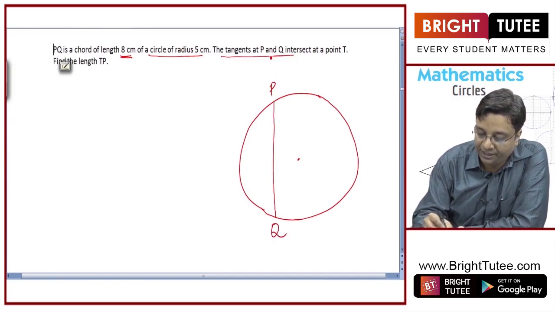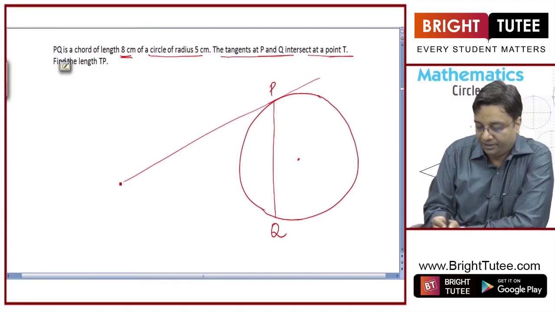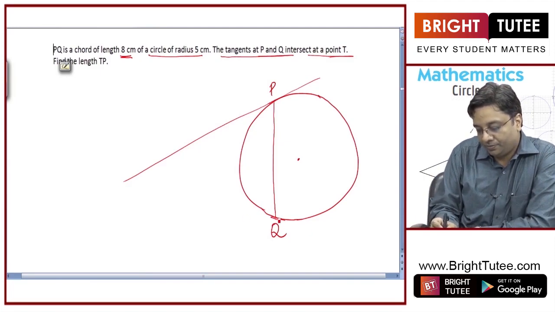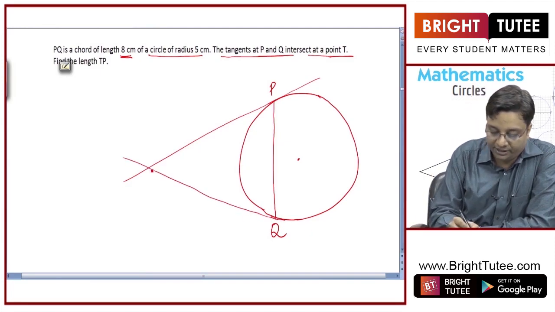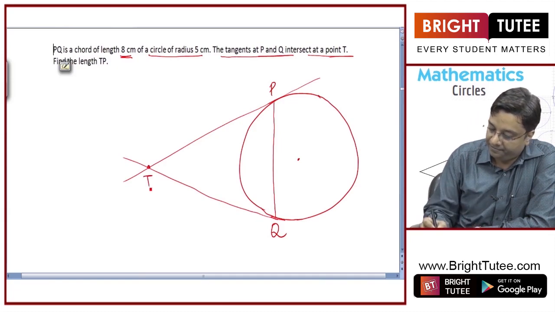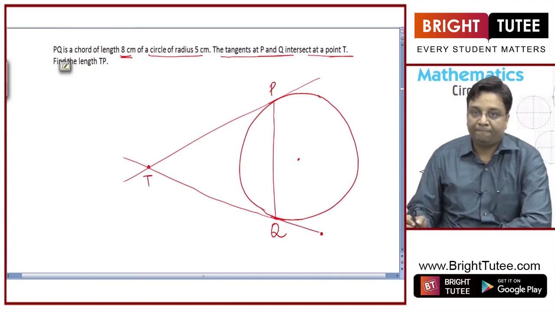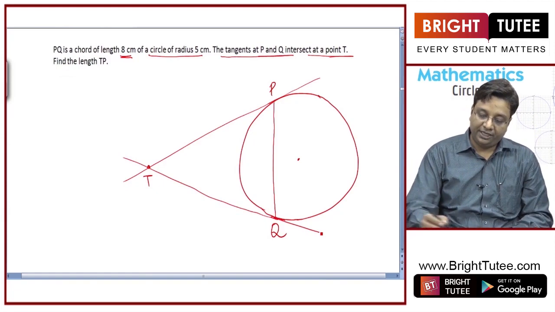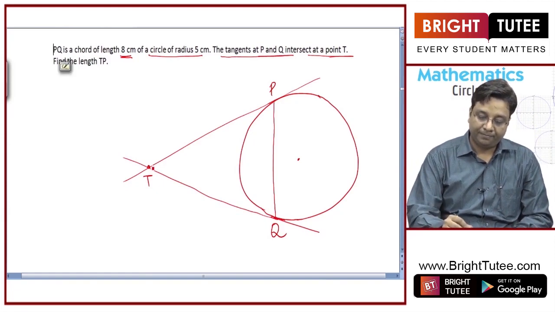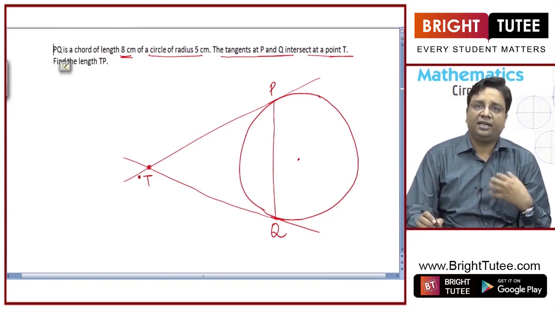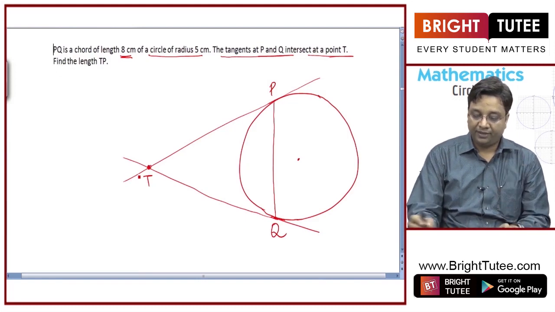The tangents at P and Q intersect at point T. So there are tangents at P and at point Q. These two intersect at point T. Okay, so this much is given. We need to find this length TP. So we need to find the length of the tangent, right?